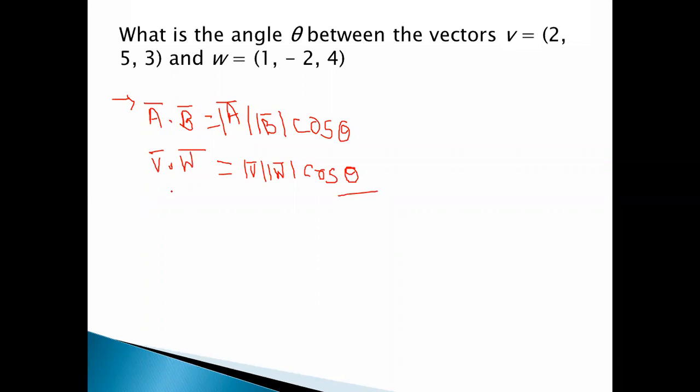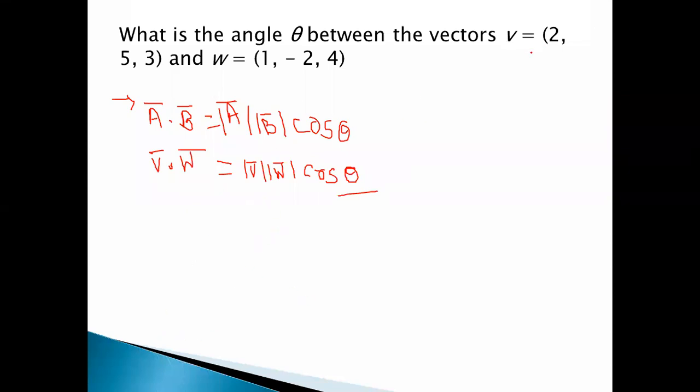Then how to find this? Yes, fast answer. If you don't know, tell me. Square root of 2 square plus 5 square plus 3 square. Yes, correct, to find mod of V bar.